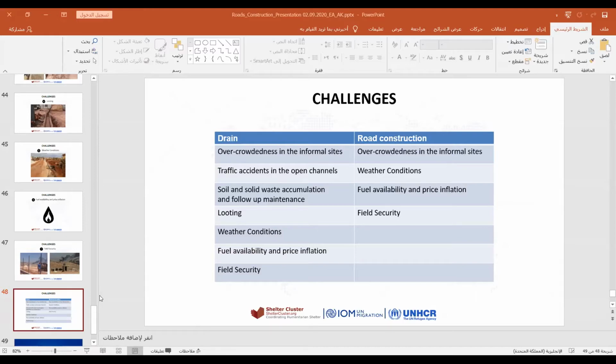So unfortunately, you see that there are a lot of roads that are being constructed, however, in the same year, we face flood incidents, for instance. So yes, this is one of the challenges, lack of budget. Even if we face this challenge, we should not compromise the minimum criteria when implementing the project.